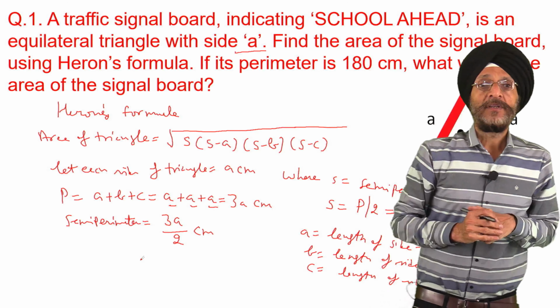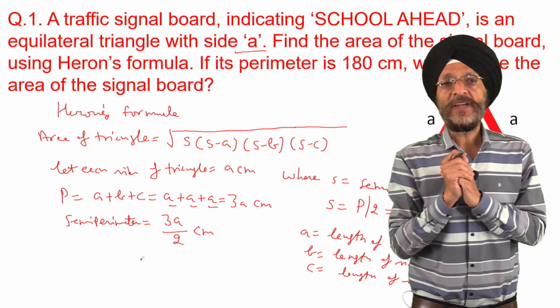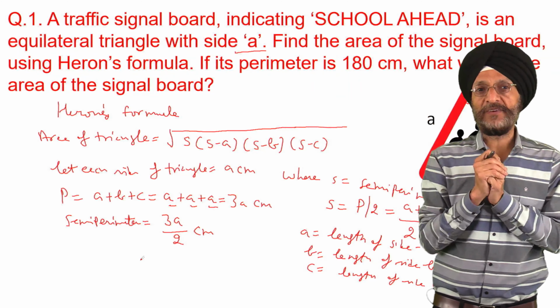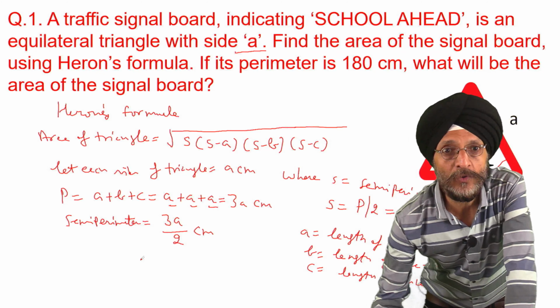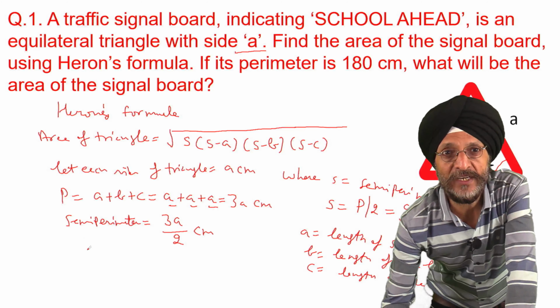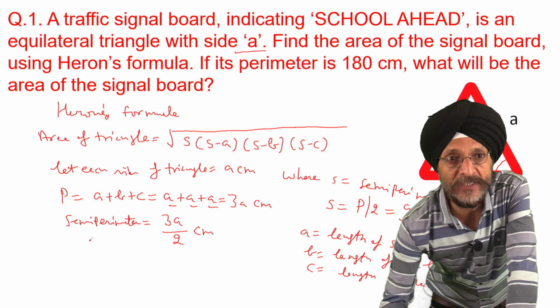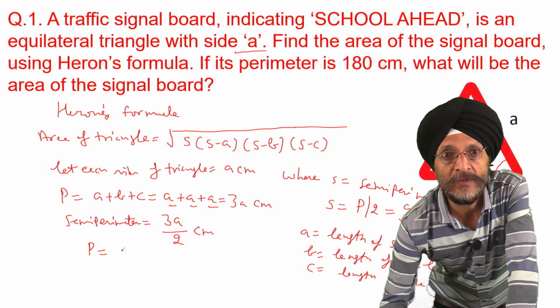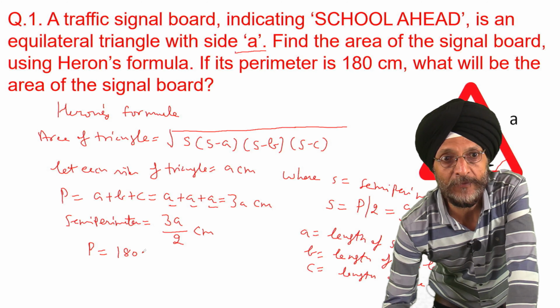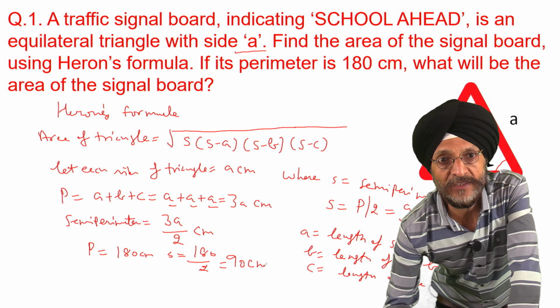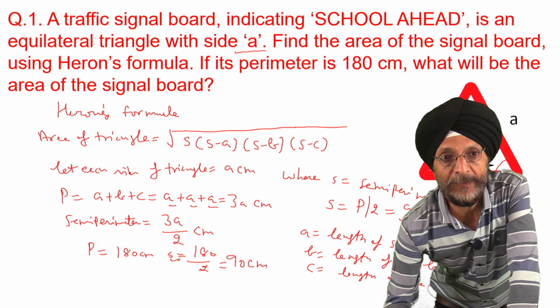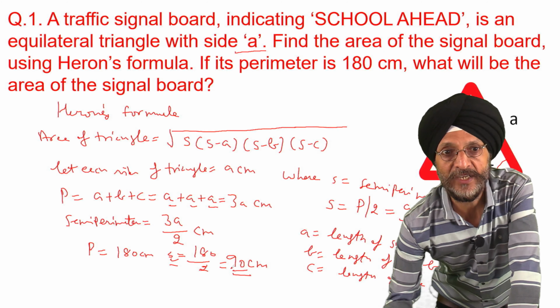From the question we can understand that the perimeter is given as 180 centimeter. So when the perimeter is equal to 180 centimeter, the semi-perimeter is 180 divided by 2, which is 90 centimeter. This is the semi-perimeter, 90 centimeter.